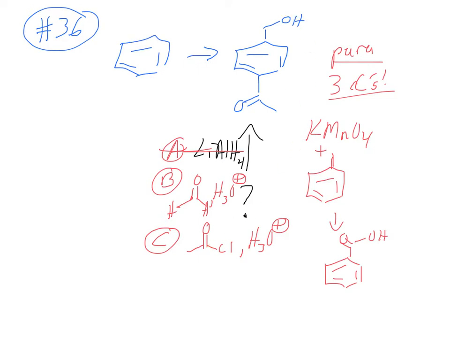Alcohols can attack acid chlorides. And then D is almost the same as B. So that's one way to do this. If you looked at this and saw that D and B have the same last step, they're probably the most similar. Let's investigate those two more.